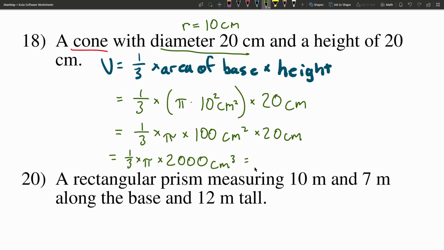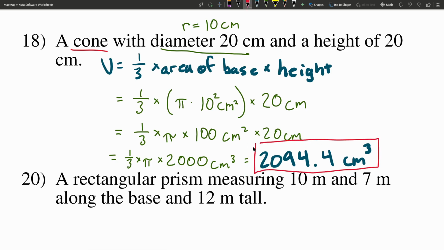So 2,000 divided by 3 is 666.6 repeating, and if we multiply that by pi, 3.14159, that's going to give us approximately 2,094.39, so rounding to the nearest tenth, 2,094.4, and that's centimeters cubed.